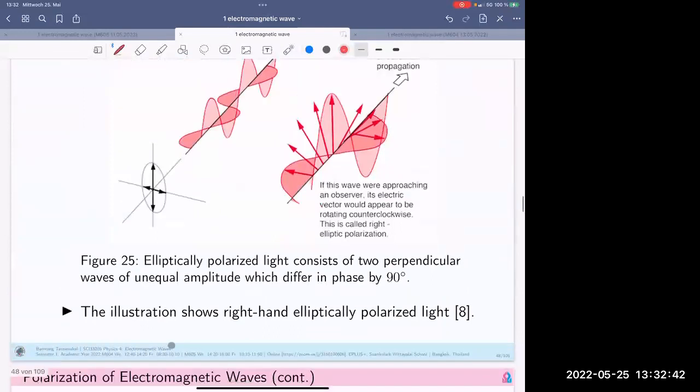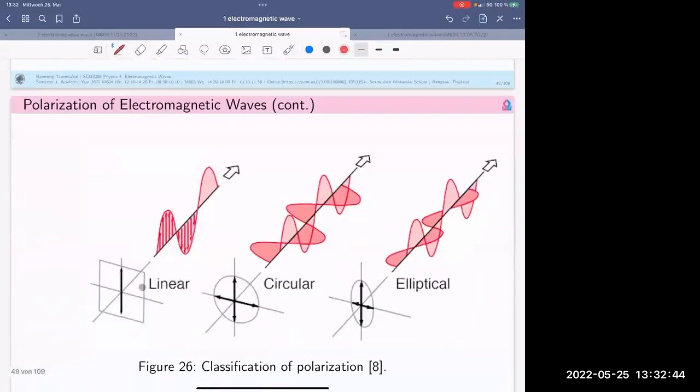is in this figure. So in conclusion, we have linear polarization like this, where the oscillation of the E field is only in the vertical line.